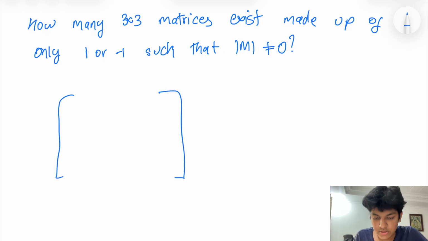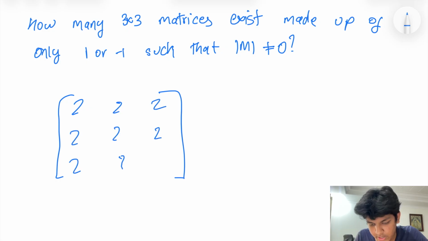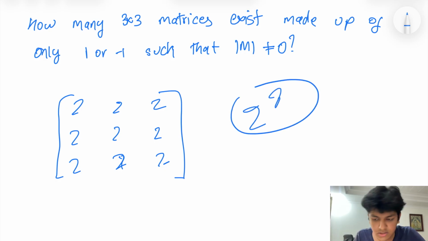Here's our matrix. Now let's find how many total matrices will be there. Each spot has two choices, right? Each spot has two choices, so there will be a total of 2 to the power 9 matrices. Here there's no condition on the determinant. There are total 2 to the power 9 matrices, right? And 2 to the power 9 is 512.